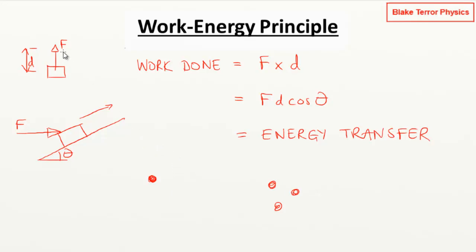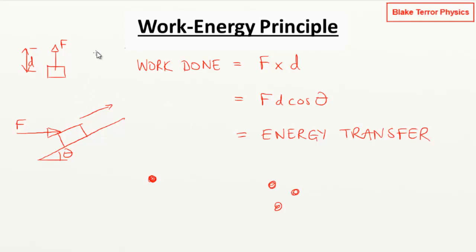All right, so what might be happening here in these cases, if we've lifted up this object, so we've used energy picking it up, so energy has moved from us, say our muscles, into the object in some way, or in this case a system of objects, because we've lifted the object up in the air, which has increased the separation between the object and the earth, and it's increased what we would call the potential energy, and I'll get onto this in a moment, of the system of the object and the earth.